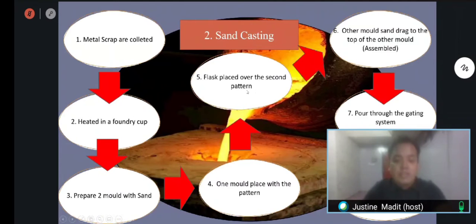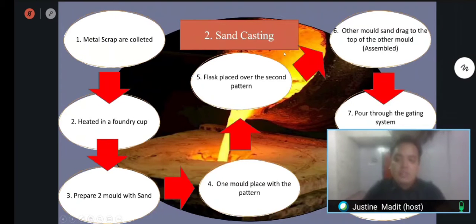Then we place the second mold over the pattern, to get the shape from the pattern we want. After that, as I mentioned earlier, there are two molds of sand.